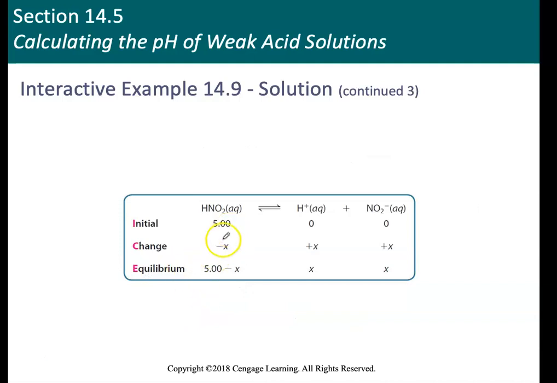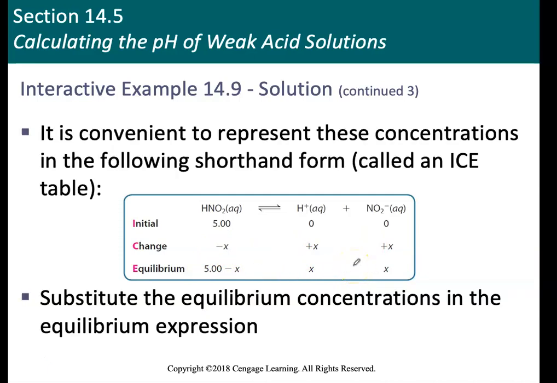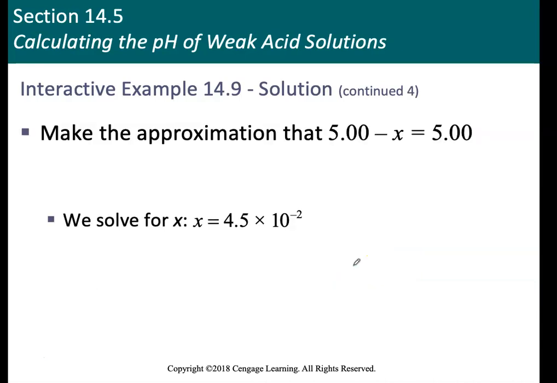That's the ICE. So you start with 5 molar, 0 and 0. Remember, we are ignoring the contribution from the other two equilibria. And now the change: minus x, plus x, plus x. And then that's the equilibrium concentration. So now you can solve.